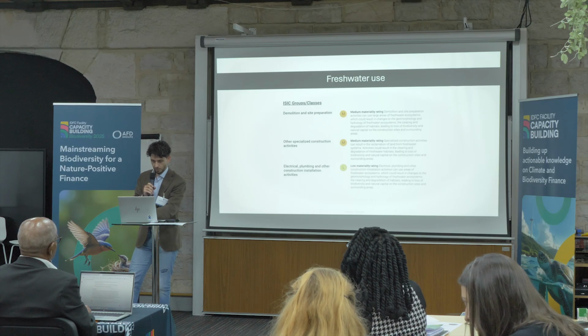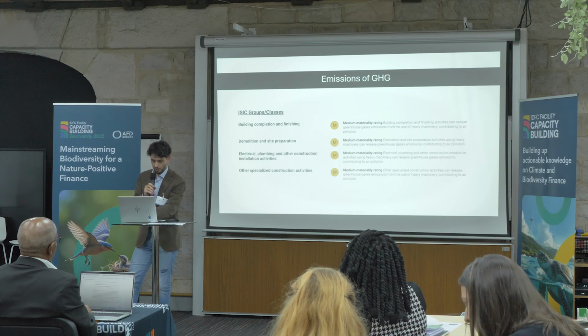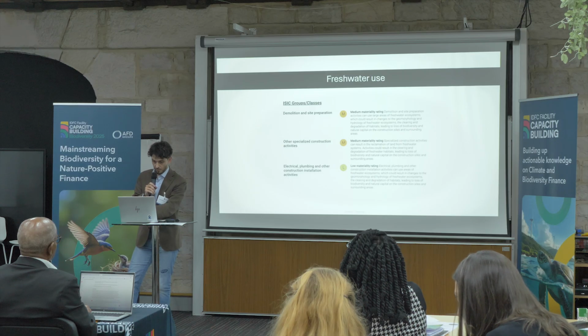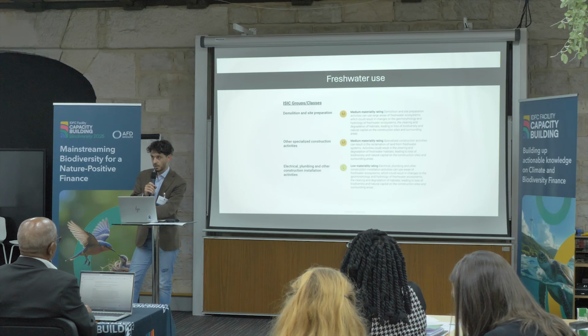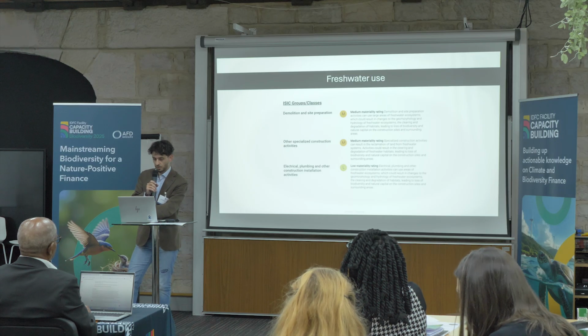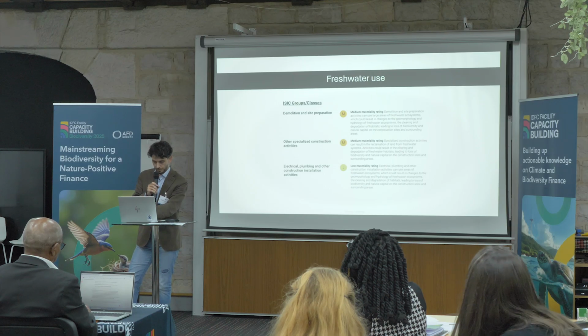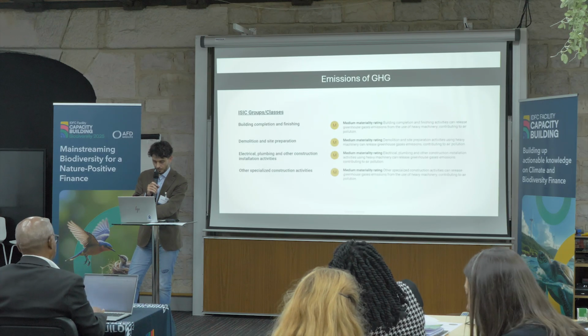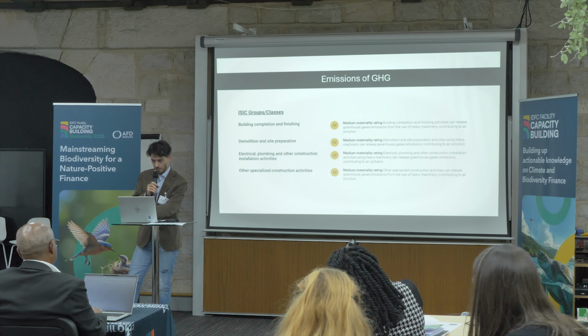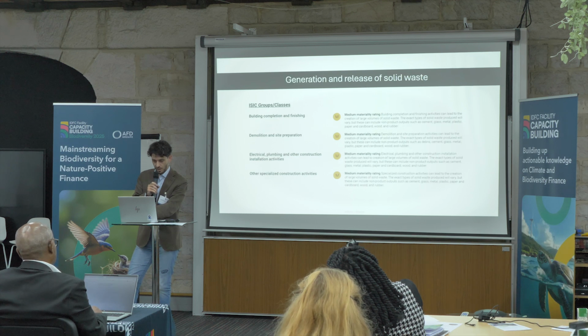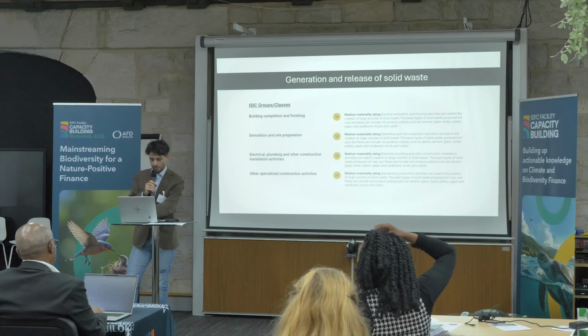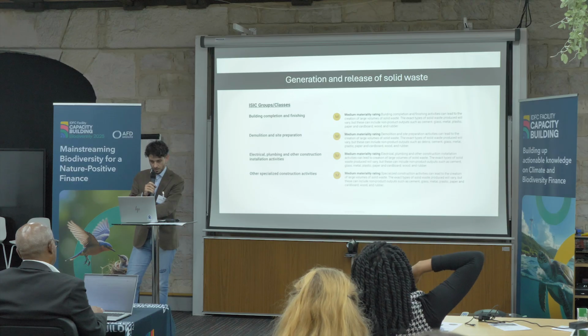Moving on, freshwater use also scores as medium, but as we know, it's a dryland region, so this has to be kept in mind. Emissions of GHG also have a medium materiality rating, and there is the generation and release of solid waste, of course, because construction activities imply heavy generation of solid waste.